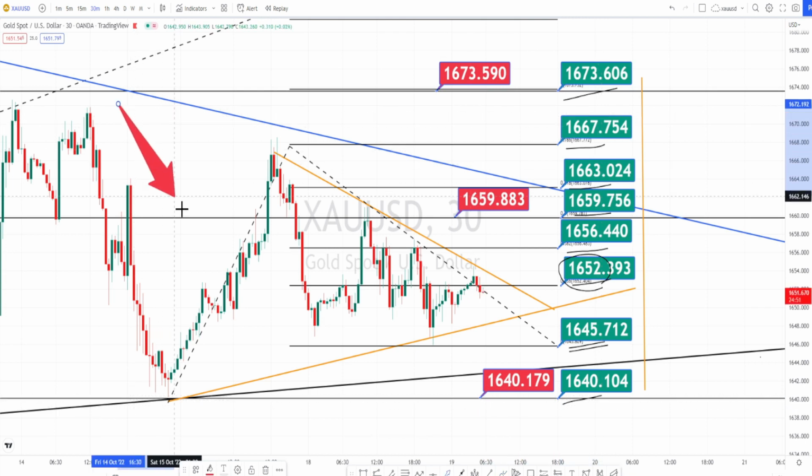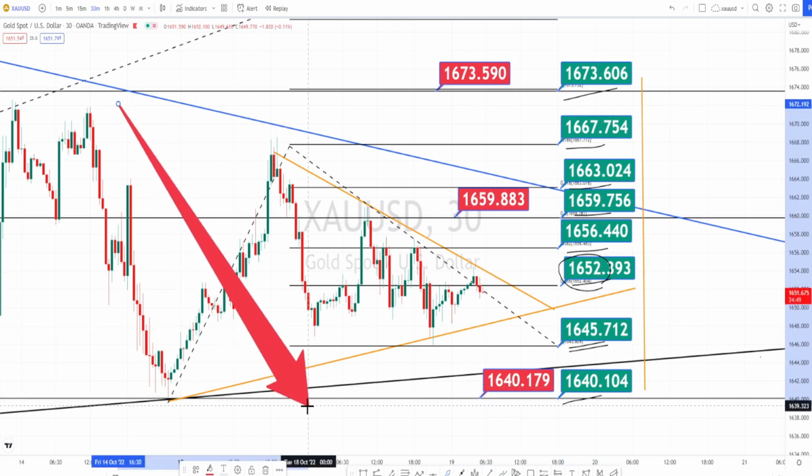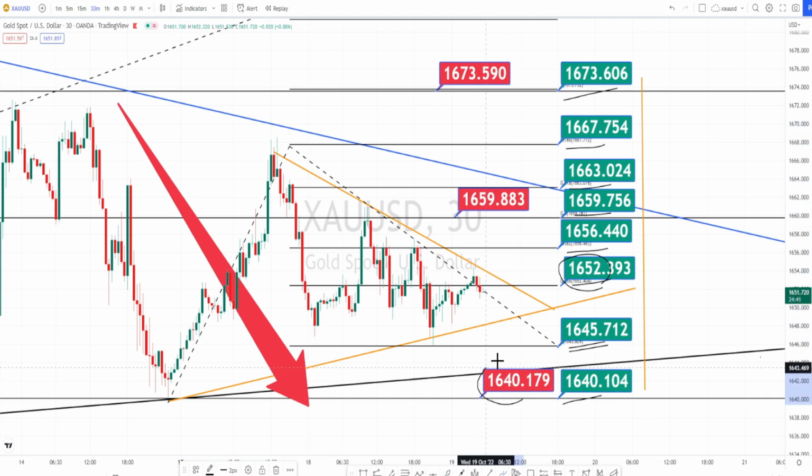And when we look at the current trend of the price action from the daily time frame, it is on a bearish trend, and once the price action breaks the support level of 1640, we can expect the bearish trend to continue in 30 minutes time frame also.